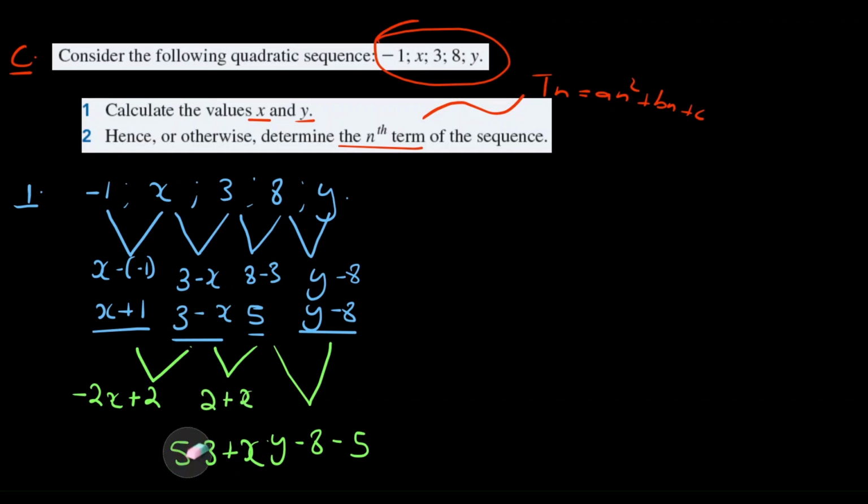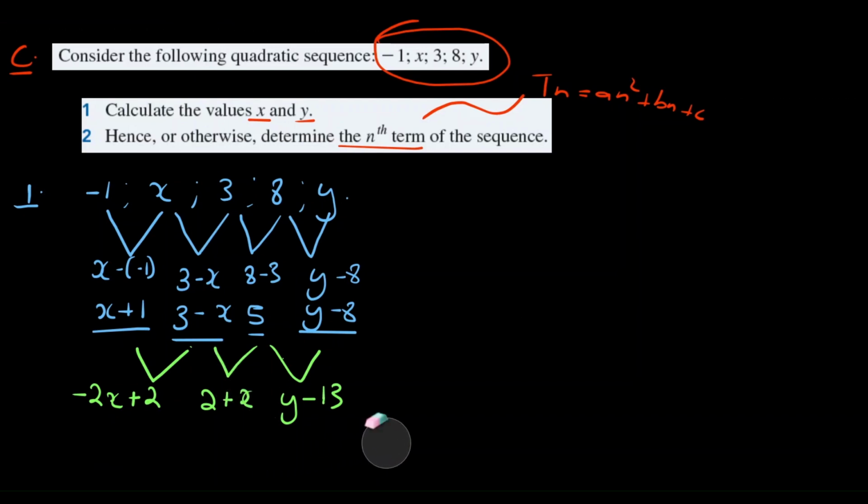Then we continue our mission of clearing all this untidiness. And we will get y minus 8 minus 5, which is nothing more than negative 8 minus 5, giving you negative 13. And this looks more pleasant.